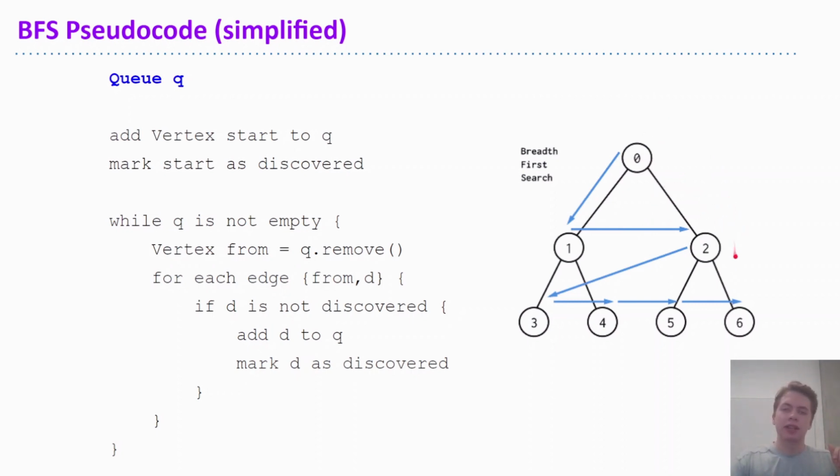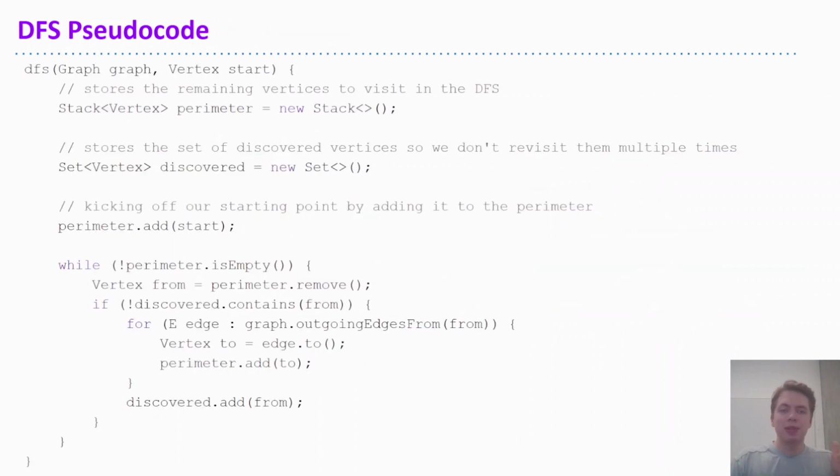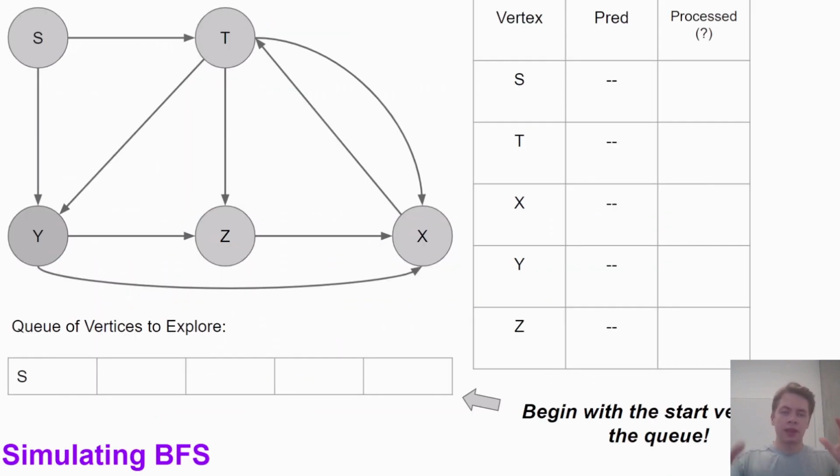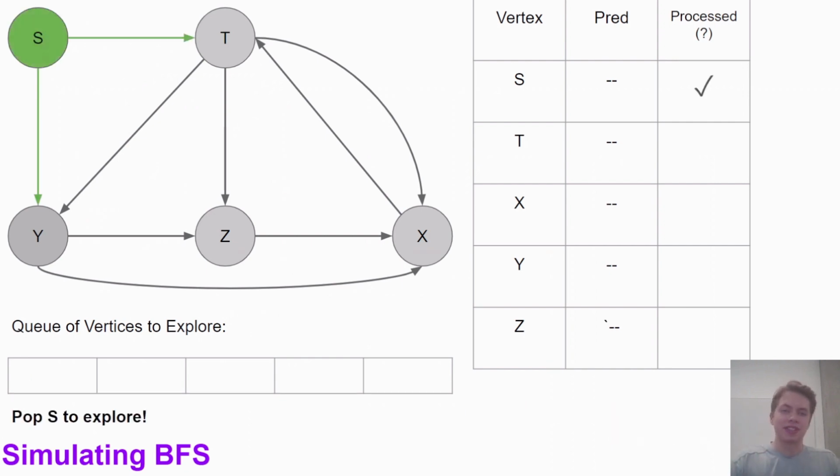So every node that appears at this first level has a shortest path that is 1 edge away from the start vertex. And then all the vertices at this next level or third level have a shortest path of 2 edges away from our vertex. So the way we'll generate this tree and also find the shortest path is by keeping track of the node that is its predecessor while performing a breadth first search.